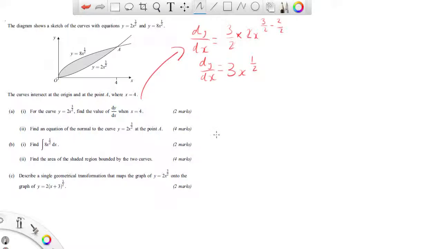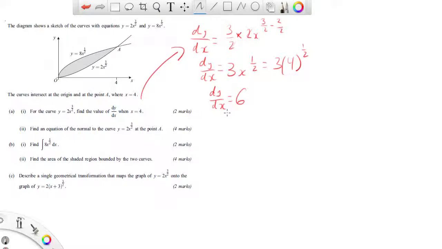So that's nice. And when x is equal to 4, we're going to have the square root of 4, because that's what this 1/2 power means, square root. The square root of 4 is 2. So dy/dx is equal to 3 times 2, which is 6.